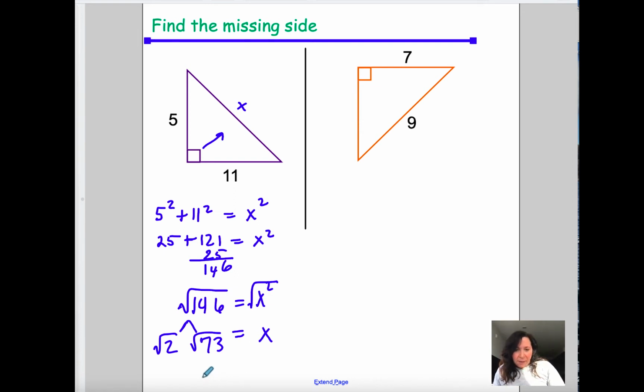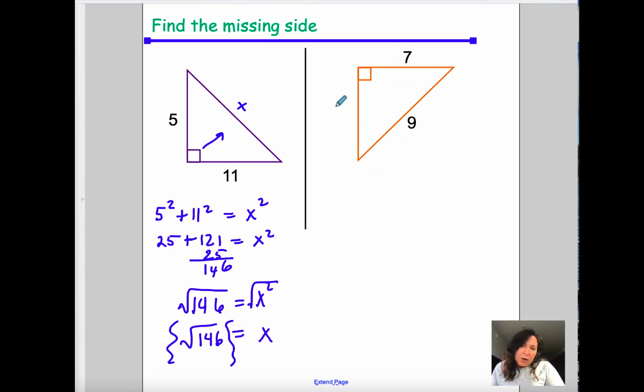So 146 looks like that's the lowest that I could reduce it. And so therefore my answer would just be the square root of 146. You could put that in solution sets, and we're done.